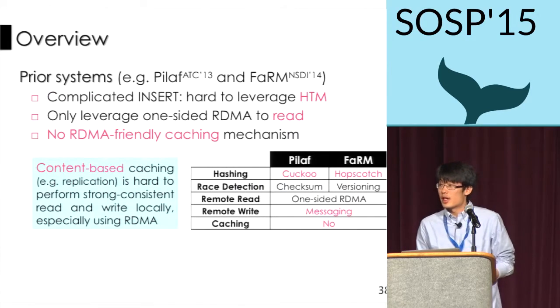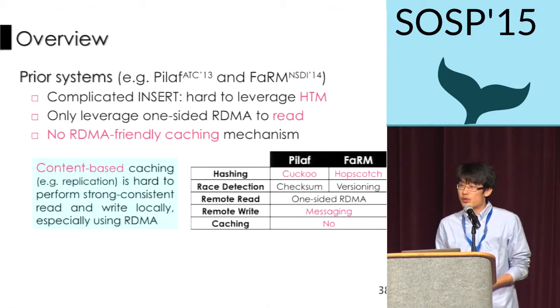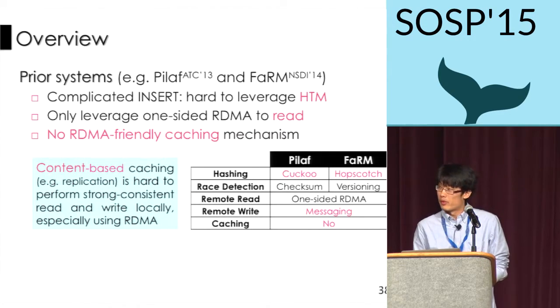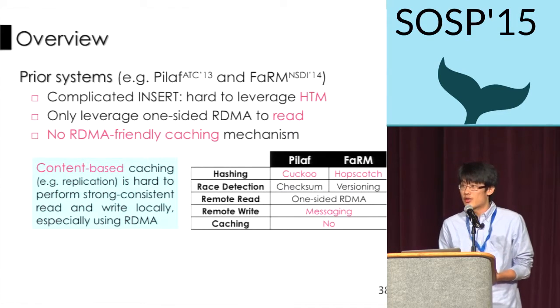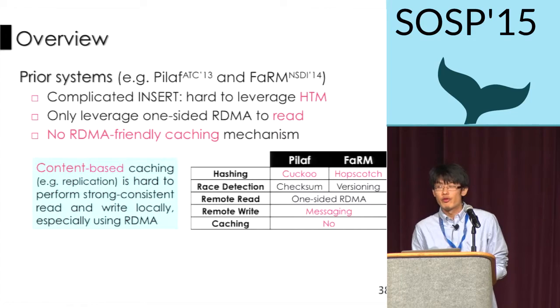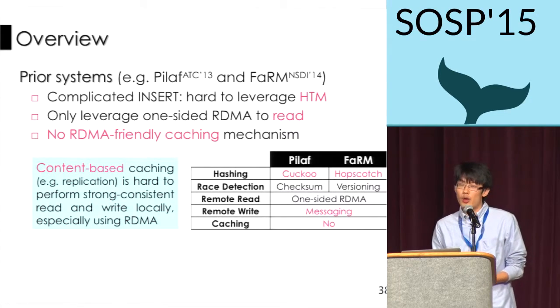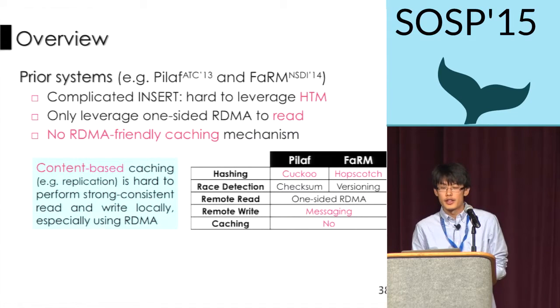Previous designs usually use some complex hash structure so as to improve the RDMA lookup performance. However, this hash structure may sometimes make it hard to fully leverage HTM for insertion. And they only use one-sided RDMA operations for data lookup and data fetch.